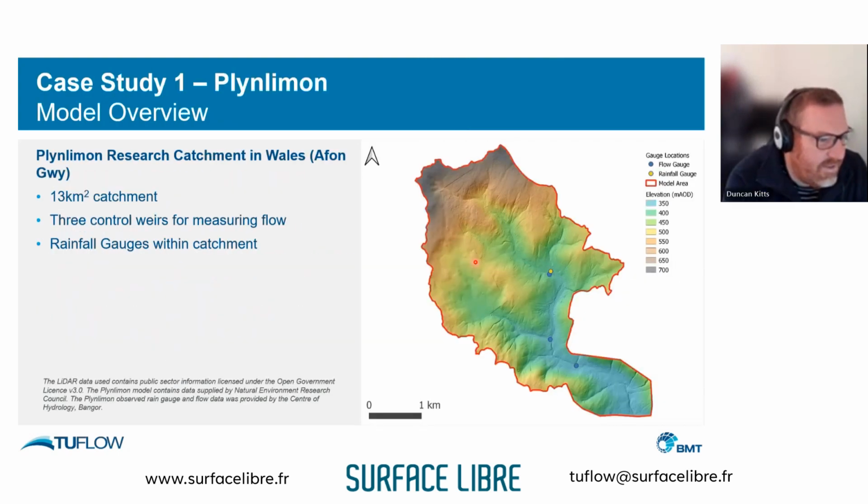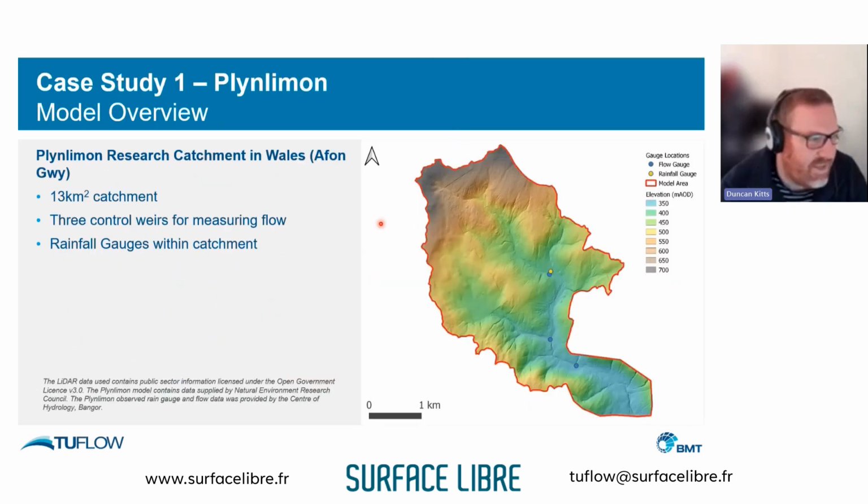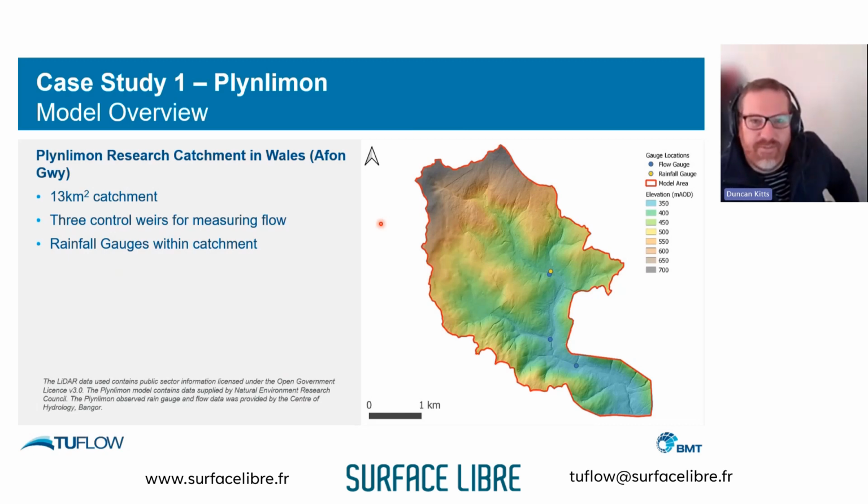The next one is sensitivity to the mesh size. So I'll give you a bit of a case study. This is a small research catchment in mid Wales. There are two catchments side by side of similar sizes, one of which has a complete grassland cover, and the other has a forested land cover.